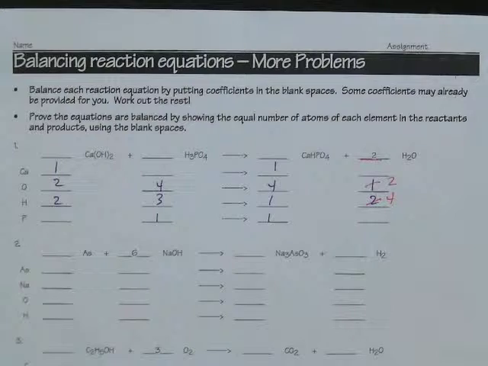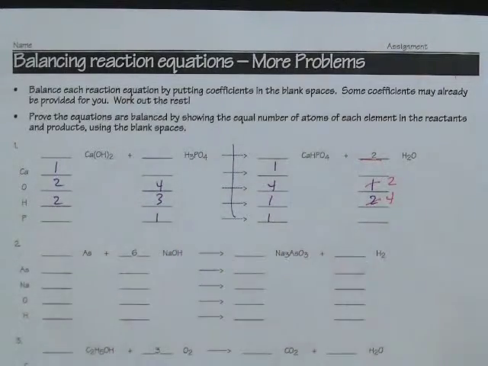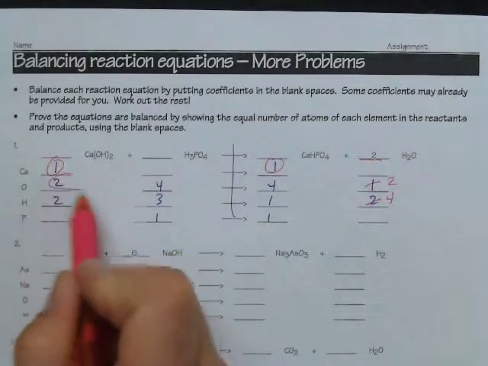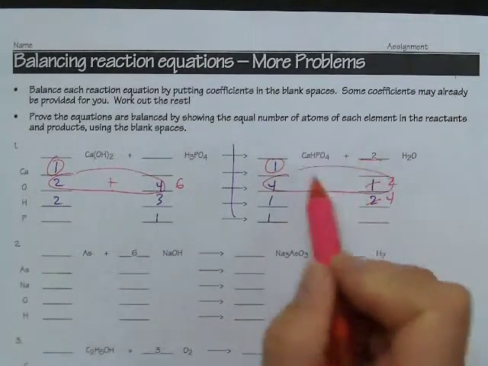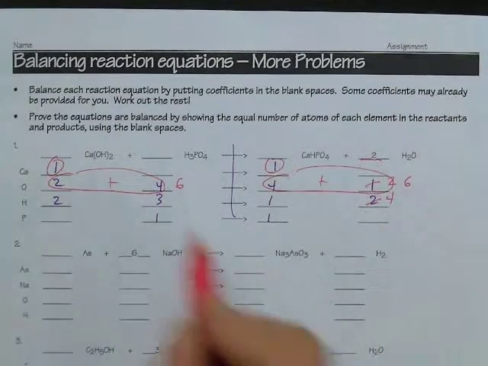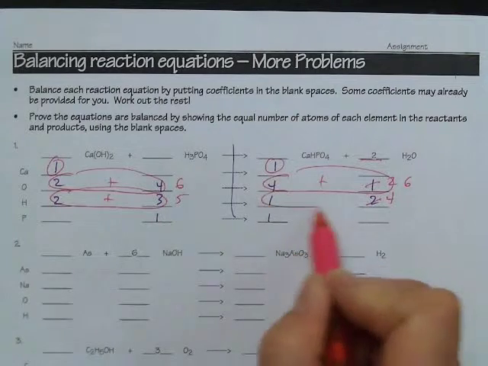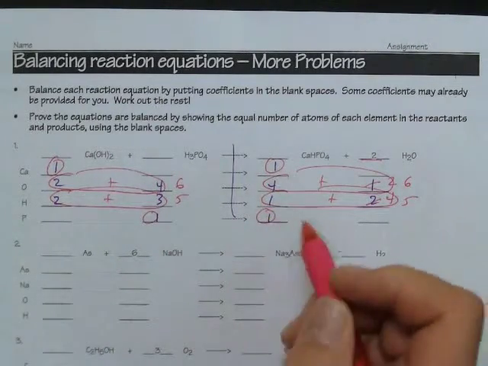I want to check to see first if the reaction equation is balanced now. If I look at the two sides of the problem, the reactant side and the product side, I count 1 calcium on each side, a total of 6 oxygens on the reactant side and a total of 6 on the product side, a total of 5 hydrogens on the reactant side and a total of 5 hydrogens on the product side, 1 phosphorus on each side.